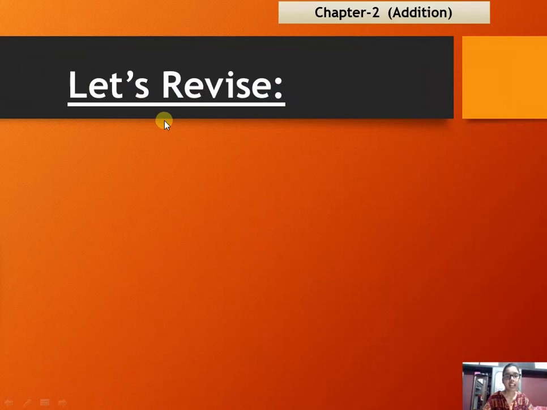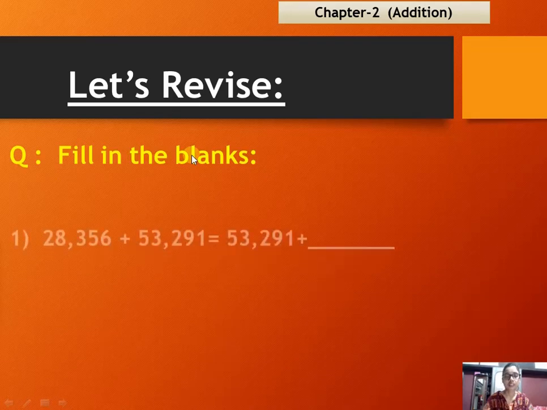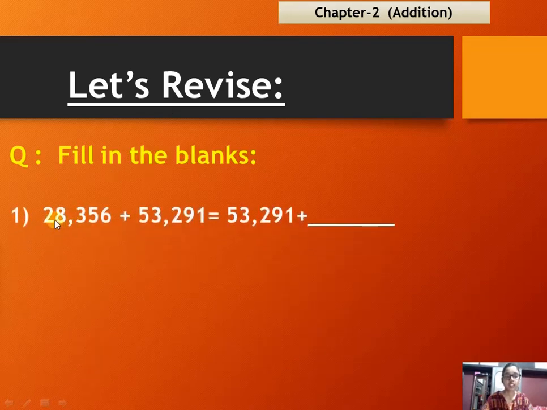Now let's revise these properties through this exercise. Fill in the blanks. First question is 28,356 plus 53,291 is equals to 53,291 plus dash.